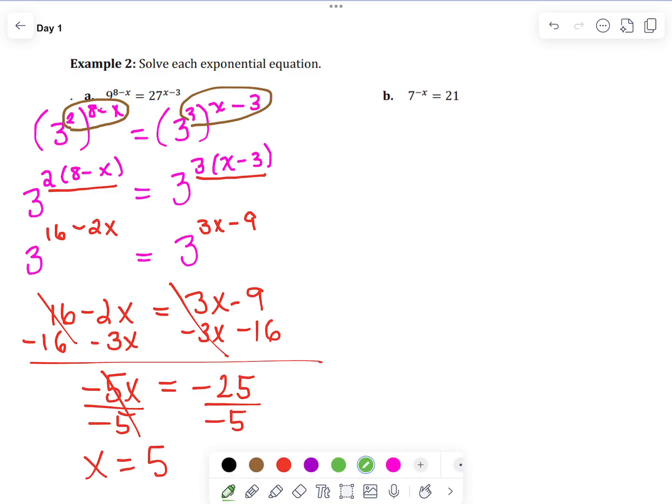So we're going to go ahead and take the log of both sides. Then we can use our power property. We bring that negative x down in front.